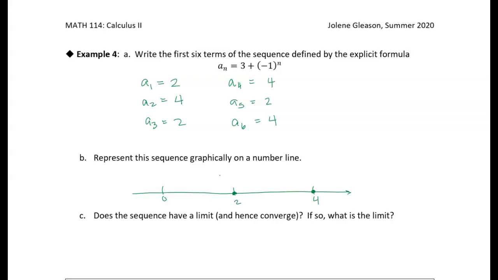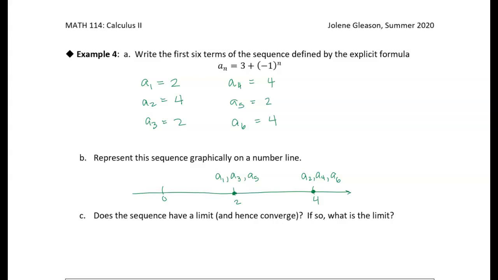So essentially a1, a3, and a5 are all 2, and then a2, a4, and a6 are all 4. Okay, so we're just flipping back and forth. 2, 4, 2, 4, 2, 4, 2, 4.